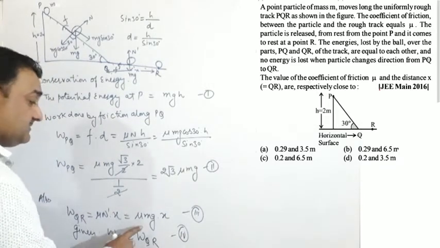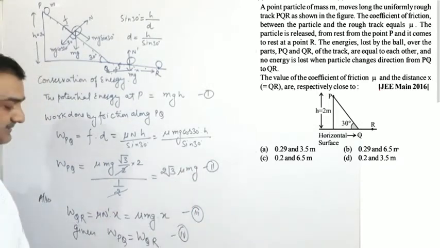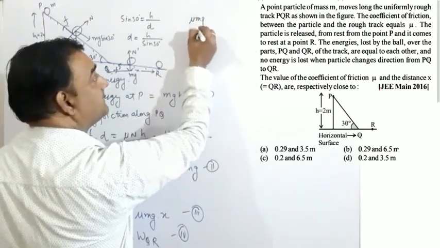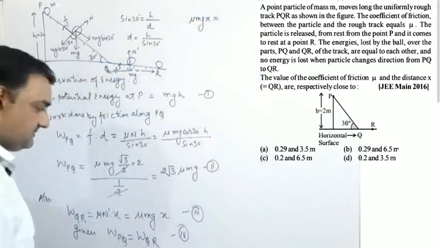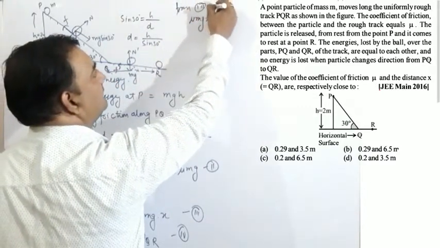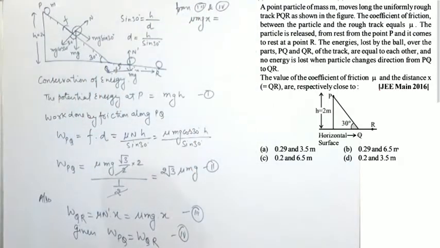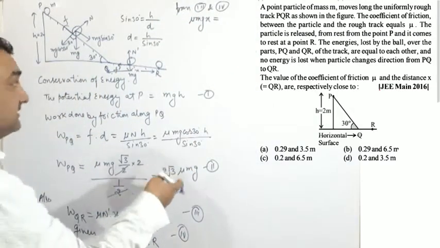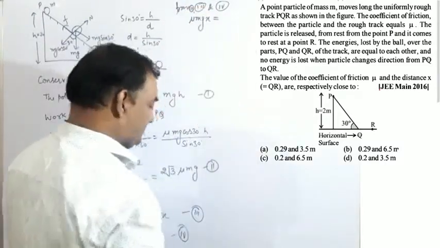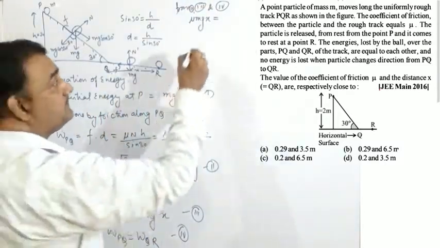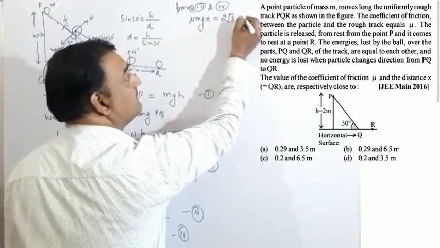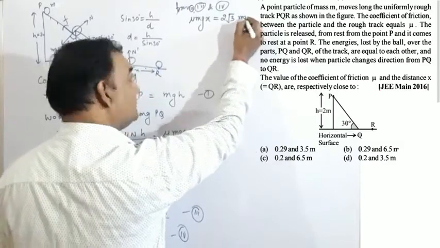So first we will just use the second, third and fourth equations, and that will be mu mg x is equal to root 3 mu mg.